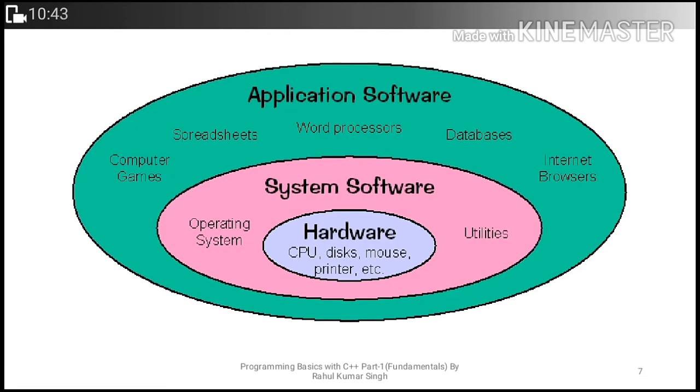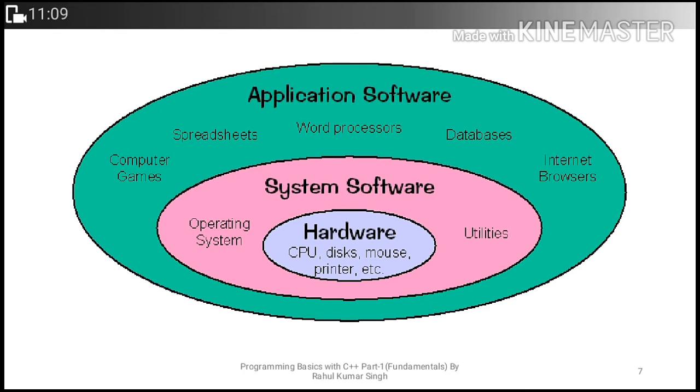Now this figure shows how the layers work. The hardware is at the lowest level, the inner position. In this figure, if it is an oval shape, the hardware is in the inner position. The upper layer consists of system software, like the operating system and utilities, and application software is above that layer.